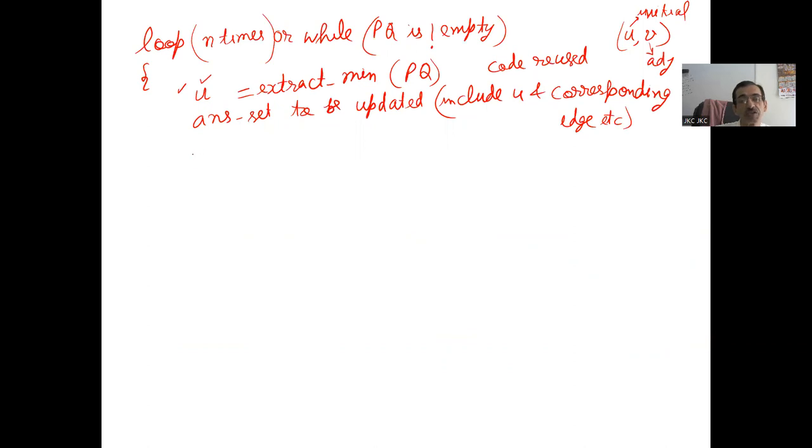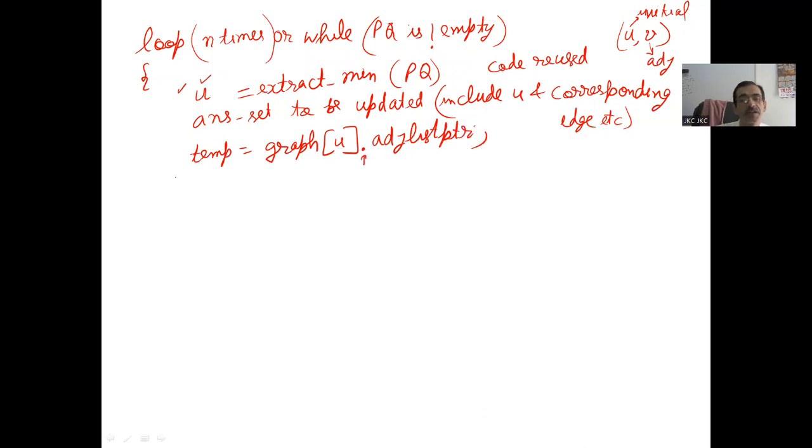Obviously, the adjacents of U are available with temp. Where are the adjacents corresponding to vertex U available? They are available in graph U, where U is the index in the graph's adjacency list pointer.